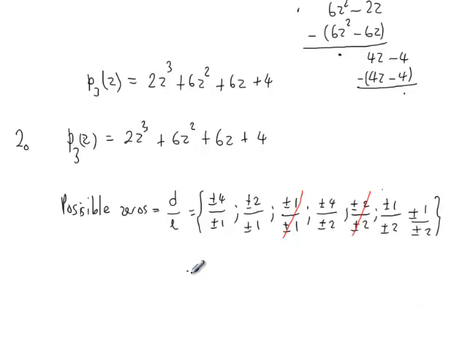Then we've got this one and that one giving us plus minus 2. This one and this one giving plus minus 2.